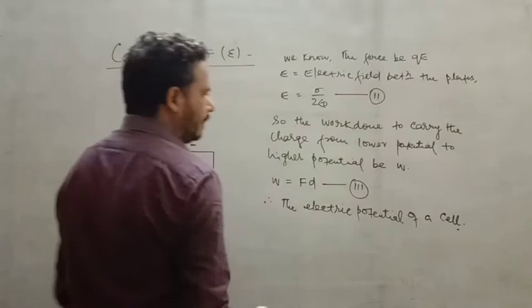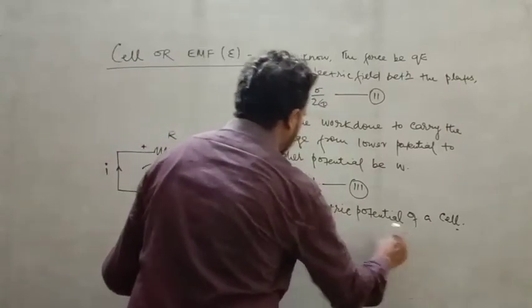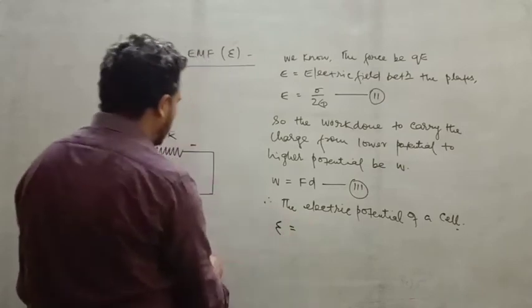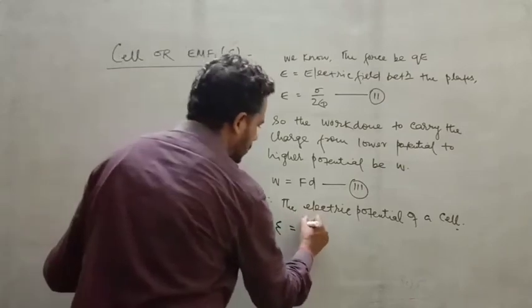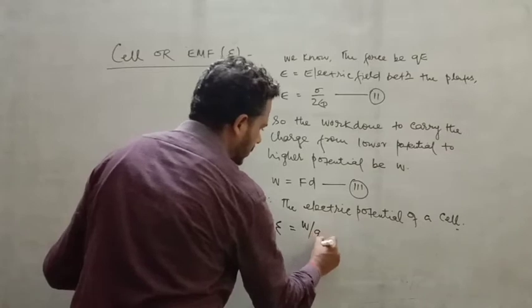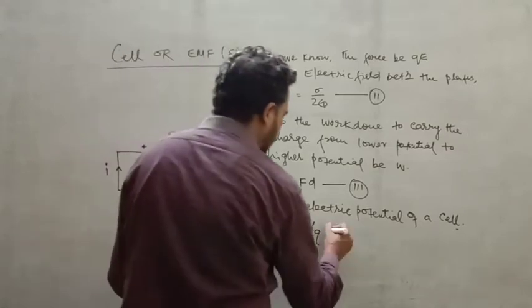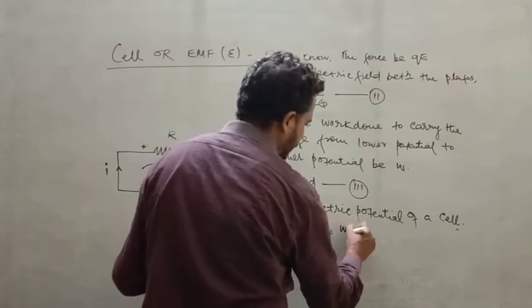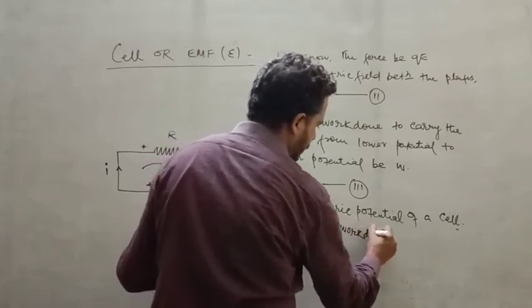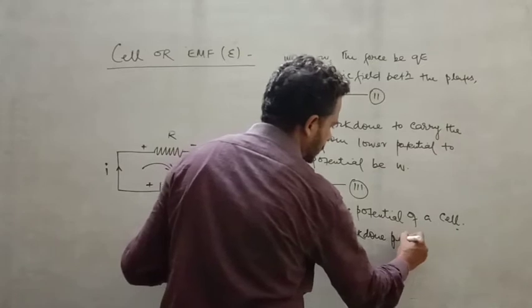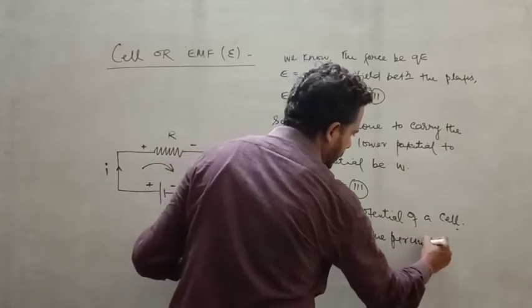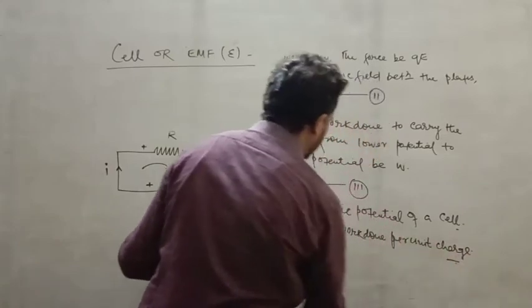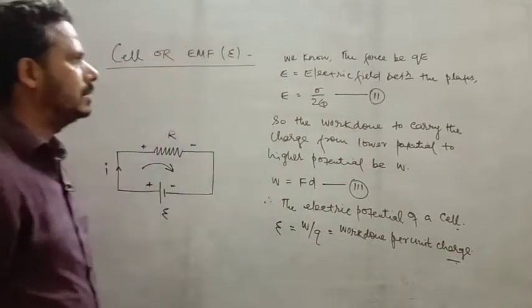Okay, so this electric potential here we have denoted just like E. This one is work by charge. Either you can write it down directly, otherwise you can write that it is work done per unit charge. You can write it like that also. So this one is equal to work done per unit charge.